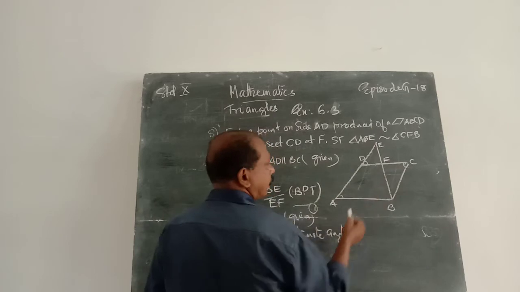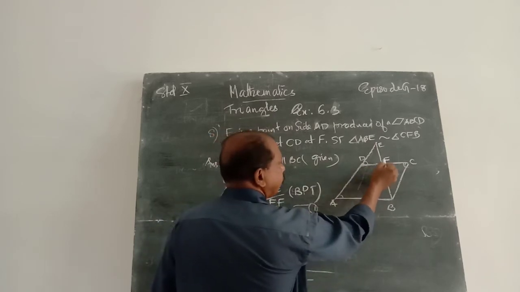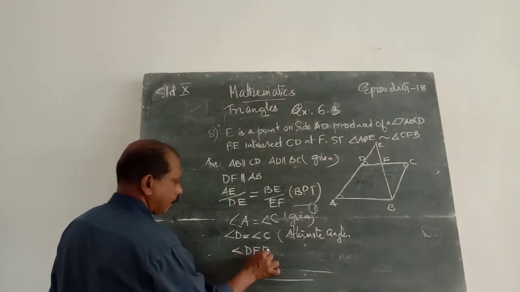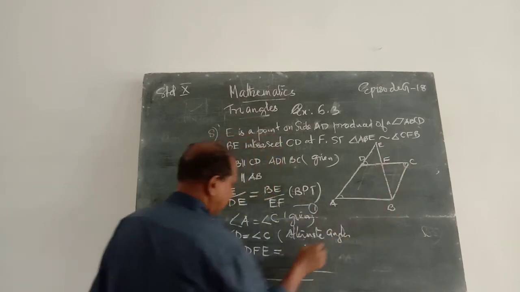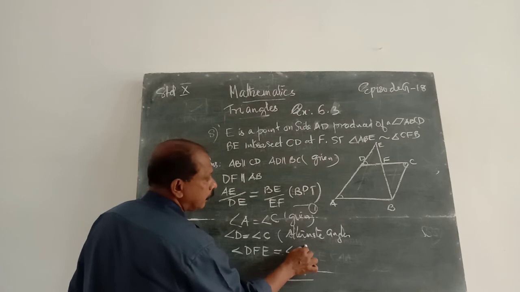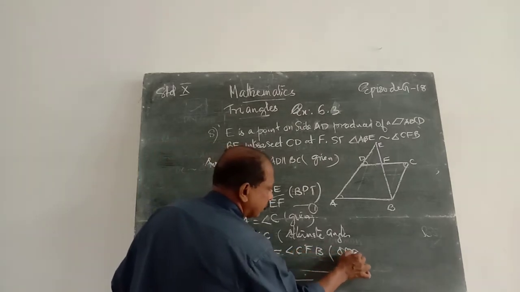These two angles are equal. Angle DFE is equal to angle CFB. That is opposite angles.